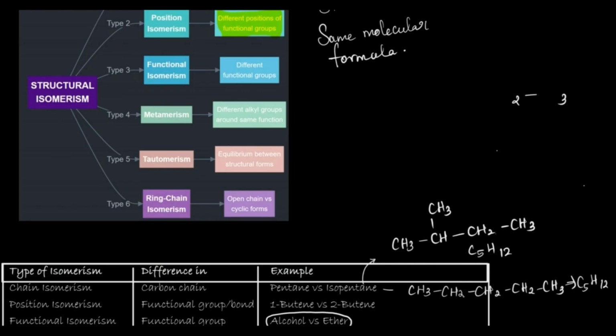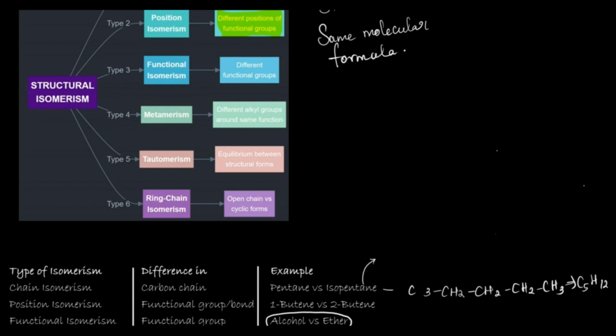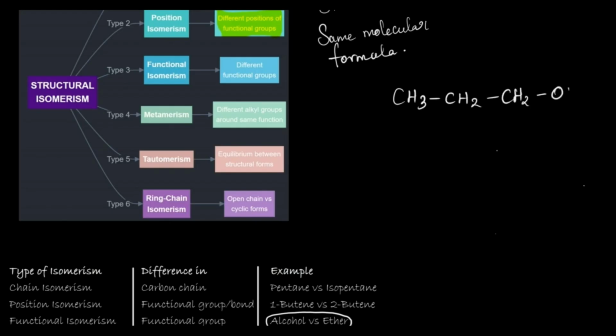Functional group, what is the general formula of alcohol? That is ROH. What is the general formula of ether? Yes, that is ROR, right? So if I am taking alcohol, CH3, CH2, CH2, OH, this is propanol, right? Alcohol functional group. What is the molecular formula of this? Which is C3H8O, correct?